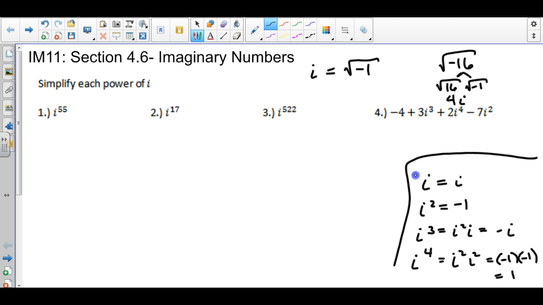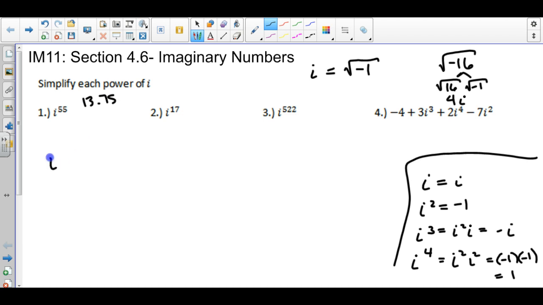So there's kind of a nice little trick to this. The first thing we're going to realize is how many times i to the fourth power can go evenly into 55. Every time we say i to the fourth, it simplifies to 1. So what I'm going to do in my calculator is take 55 divided by 4, and I get 13.75.